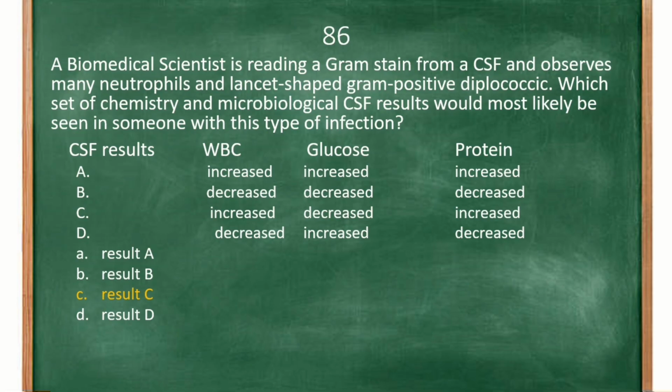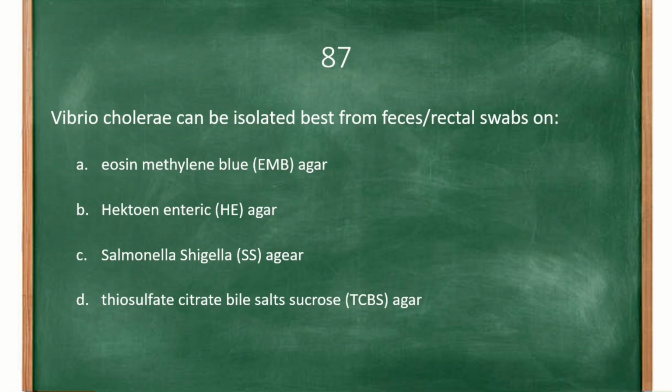The protein level will increase due to the breakdown of the blood-brain barrier and also the inflammatory response. So option C is our best answer. We'll have an increase in WBC because of the inflammatory response, a decrease in glucose because the bacteria is using the glucose, and an increase in protein because the inflammatory response causes cells and cytokines to come into the area, and more importantly, there's a breakdown of the blood-brain barrier.